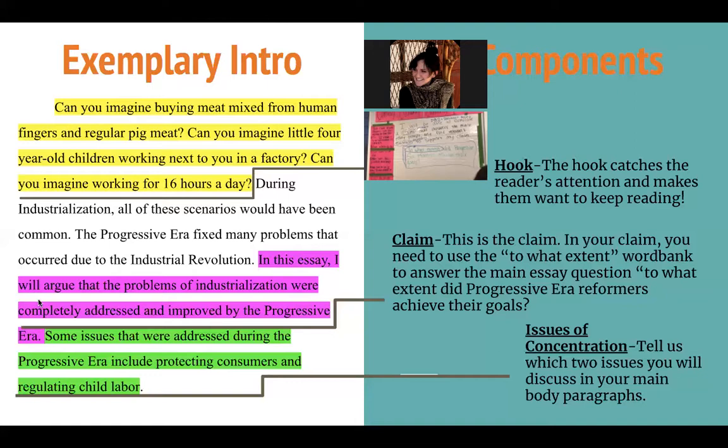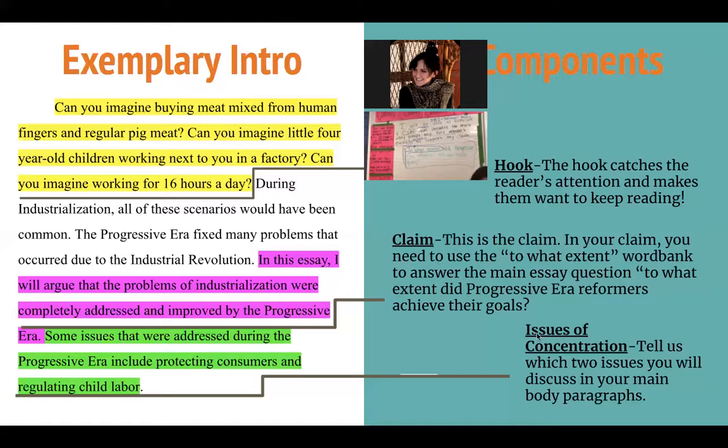You'll notice that one of the words in the "to what extent" word bank is that word "completely." This author chose to argue that all the problems of industrialization were completely or totally fixed by the Progressive Era. They chose that word carefully. You want to make sure when you're creating your claim, you're choosing a word from the "to what extent" word bank that really reflects or really shows your opinion.